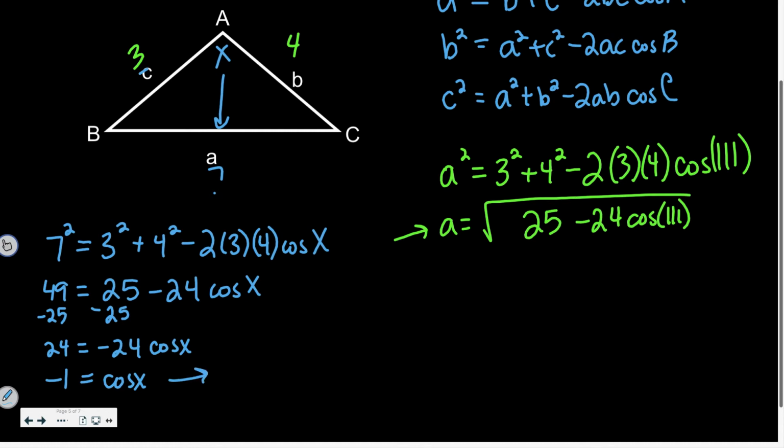So then you would say, in order to get x by itself, you do the inverse cosine of negative 1. Or a lot of times those numbers don't match, and say we had like a 27 there. This doesn't match the problem, but I'm saying what if we had that situation? What you would plug in is you'd have 24 divided by negative 27, and that's what you would plug in to your calculator to find the angle.